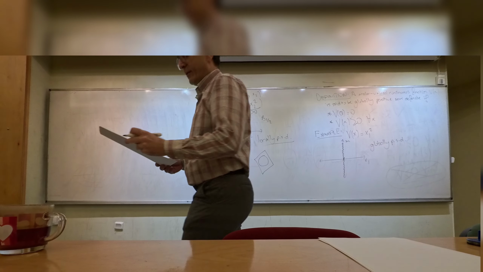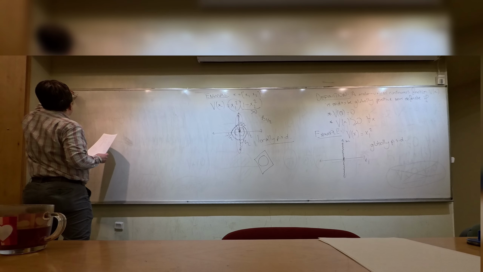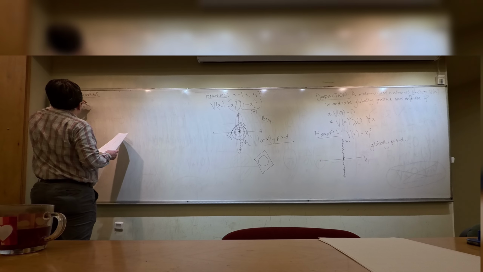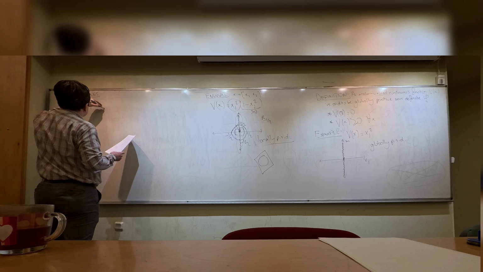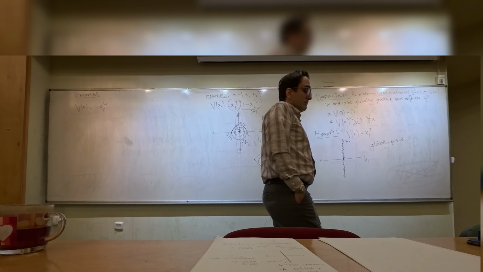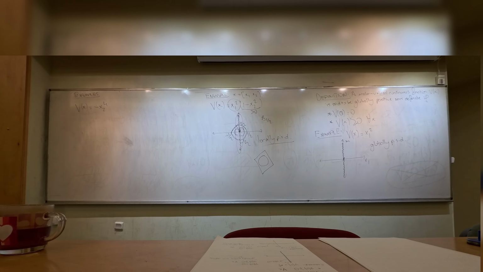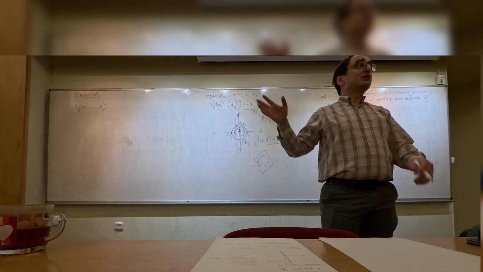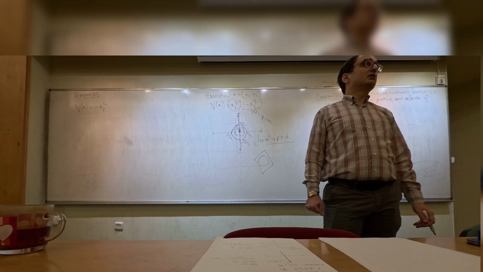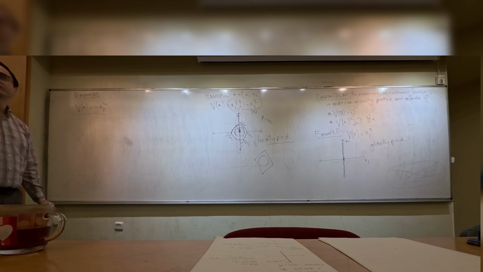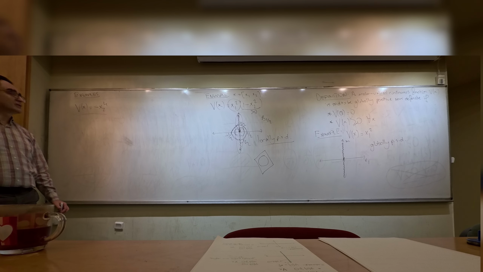Now let us look at some examples. V of x is equal to minus x2 to the power 4. What is the best descriptor of this function in terms of what we have learned? We see that this function is non-positive everywhere. So what can I say about the positive definiteness or negative definiteness of such a function?